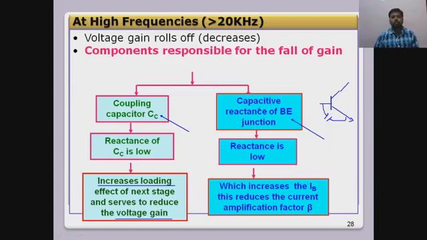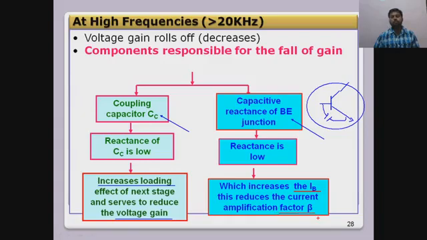And also because of the capacitive reactance of the base emitter junction, which offers very low reactance and increases the IB, this reduces the current amplification factor beta.